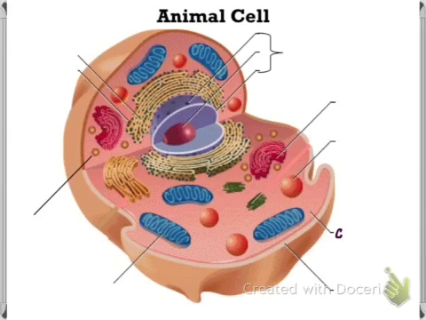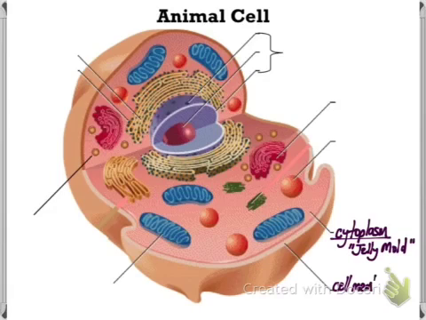All right, so we're going to go in the same order. The first structure is the cytoplasm, which in this diagram is the pink stuff. And remember, the cytoplasm is the jello mold. No pictures this time. Second structure is the cell membrane, the outer covering, that light tan color all around the outside of the cell.